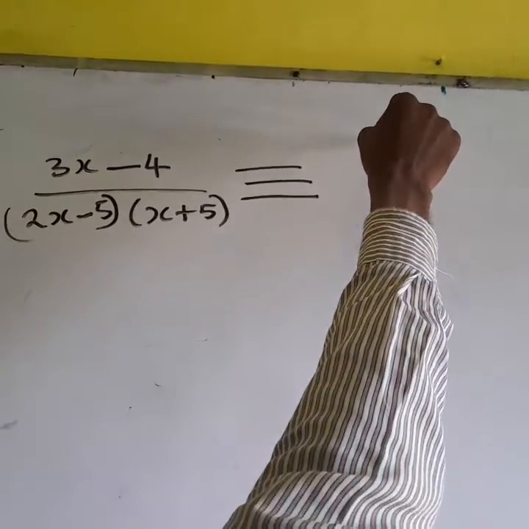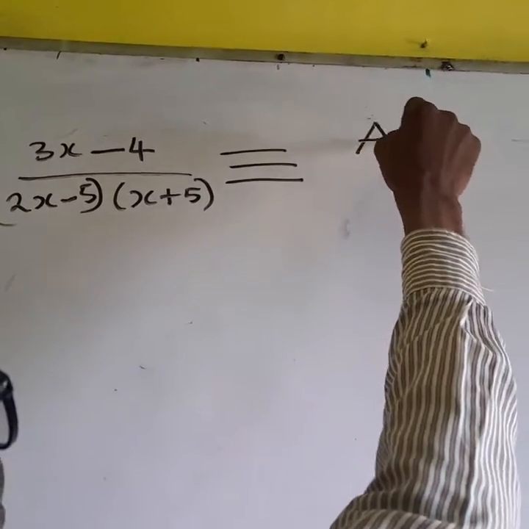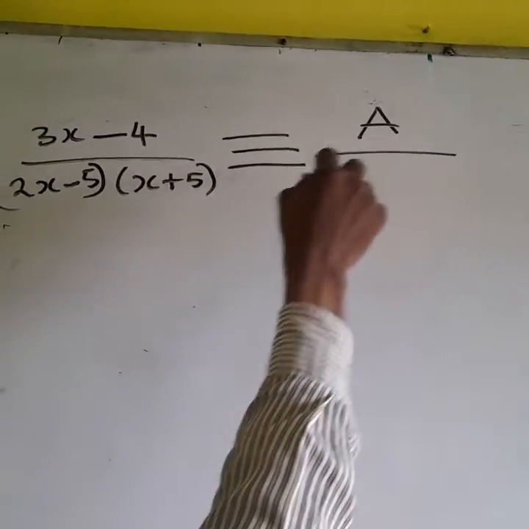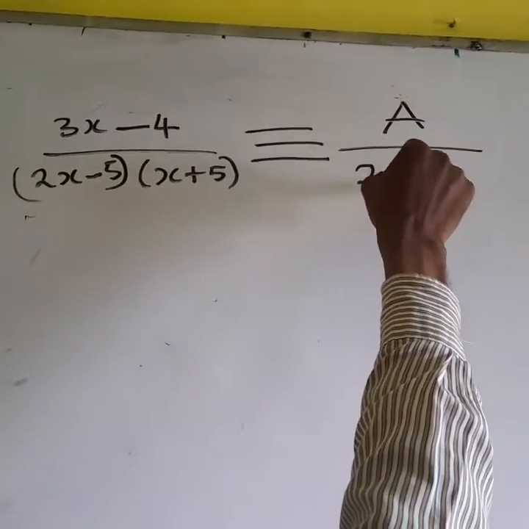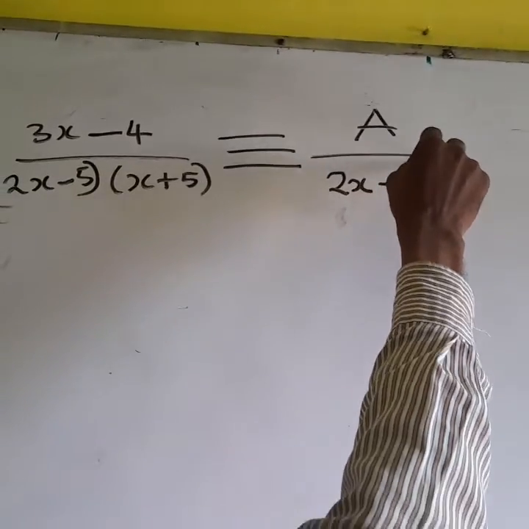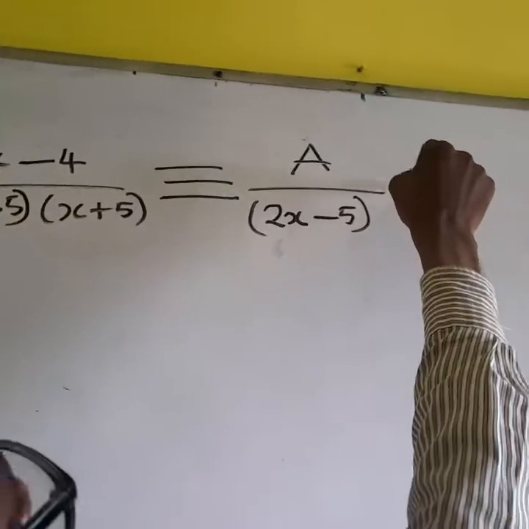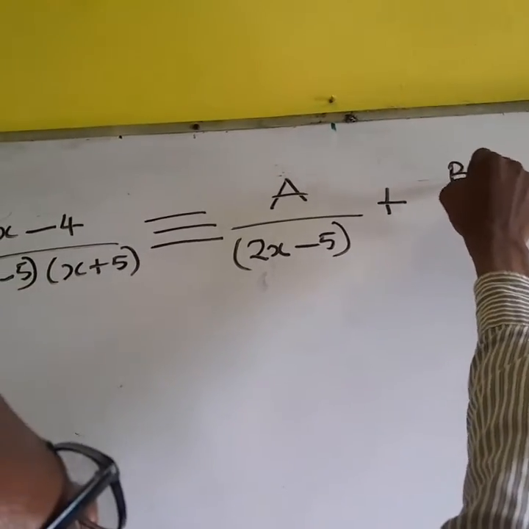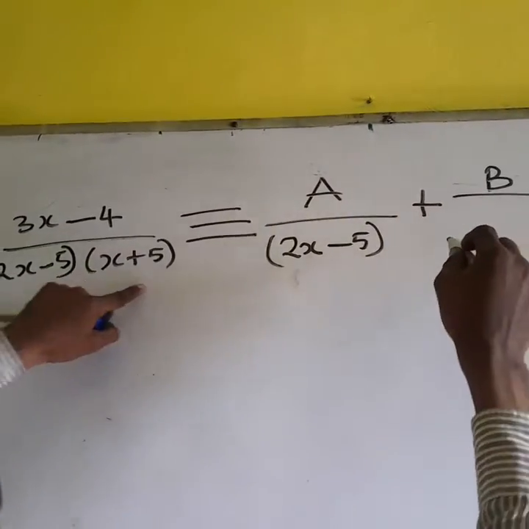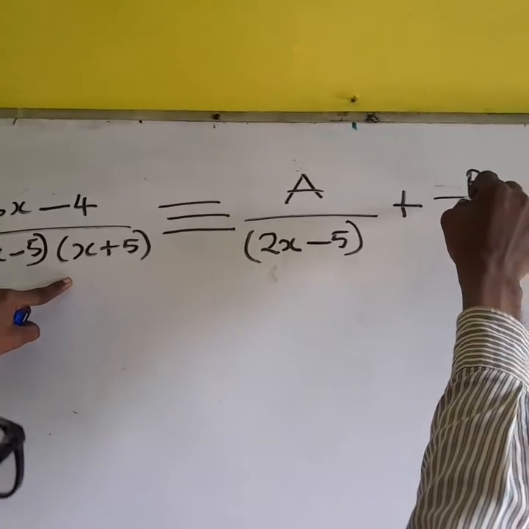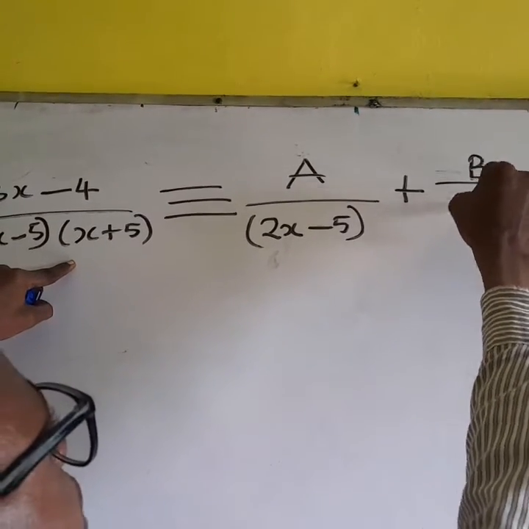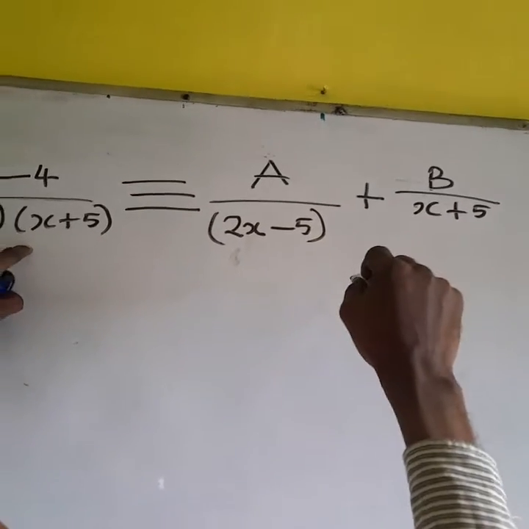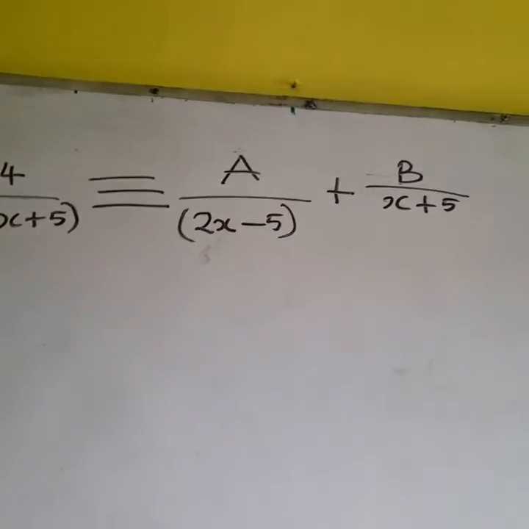So equivalent to A all divided by the first one, which is 2x minus 5, plus the next one. You use another alphabet, which is B, all divided by the second factor, x plus 5.